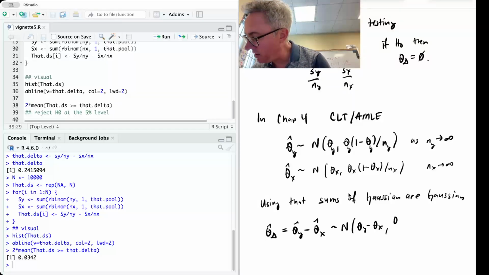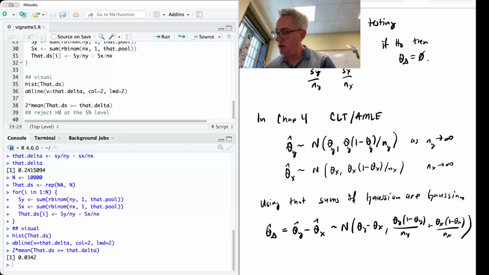So theta y 1 minus theta y over ny plus theta x 1 minus theta x over nx. Again, this is as ny and nx go to infinity.